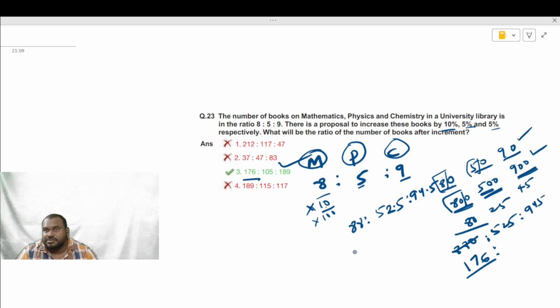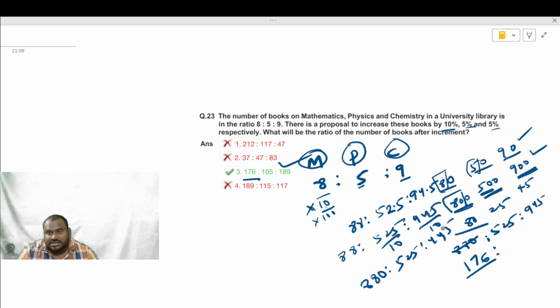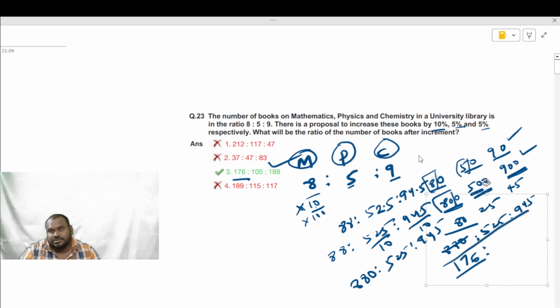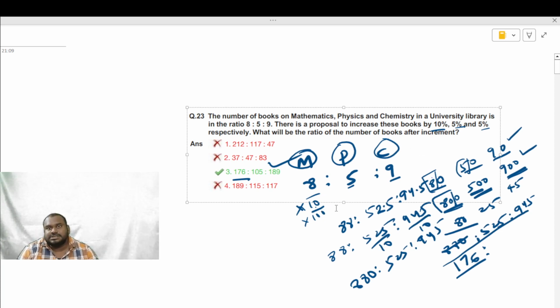If I remove this point 5, it will become 88, 52.5 by 10, 94.5 by 10. So these 10s will come here, then it will become 880, 525, 945. Same thing. You can do it by multiplying with 10 or 100. Multiplying with 100 will make it easier. So ultimately, you're going to get the same answer.